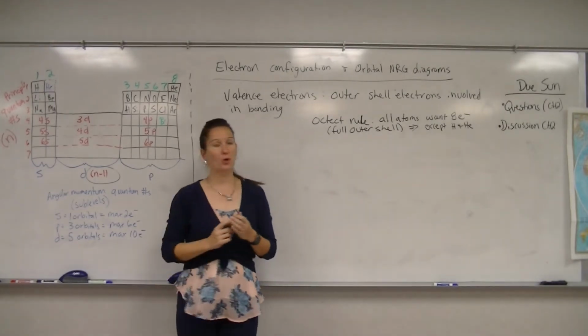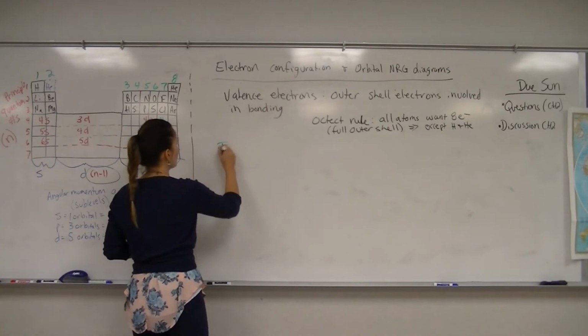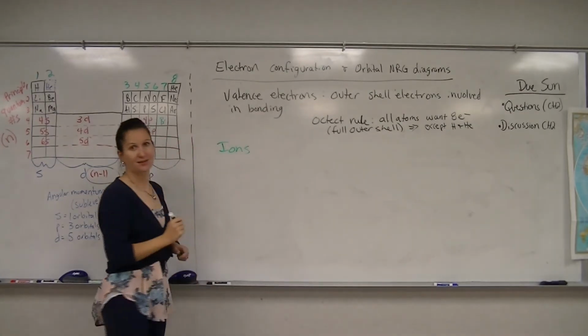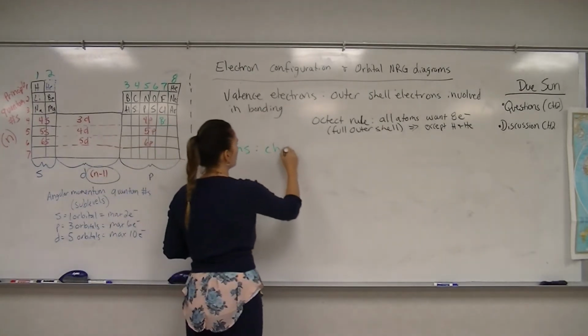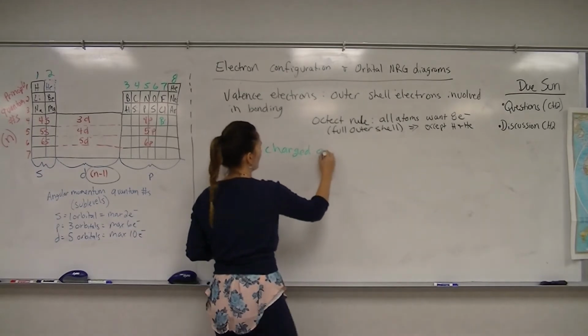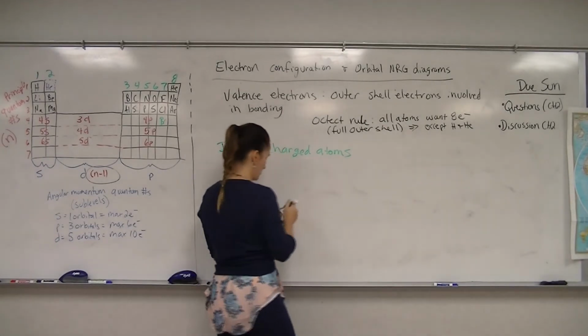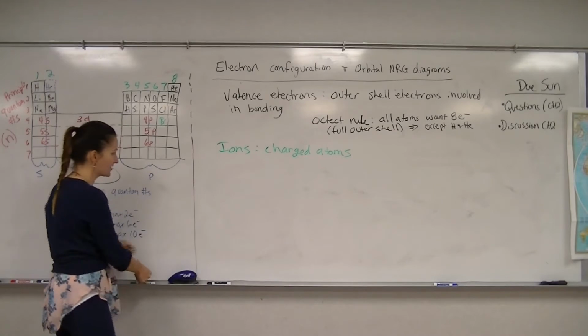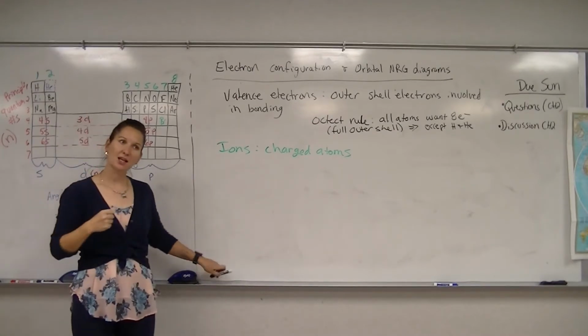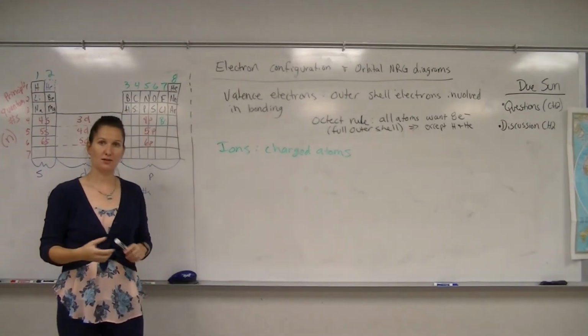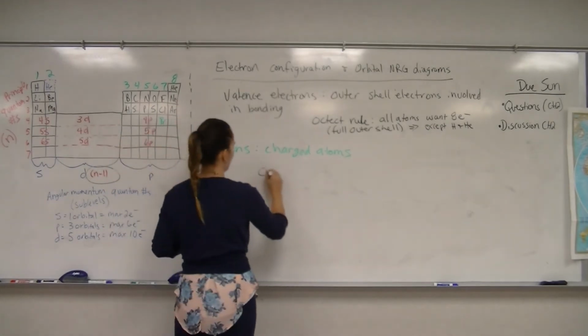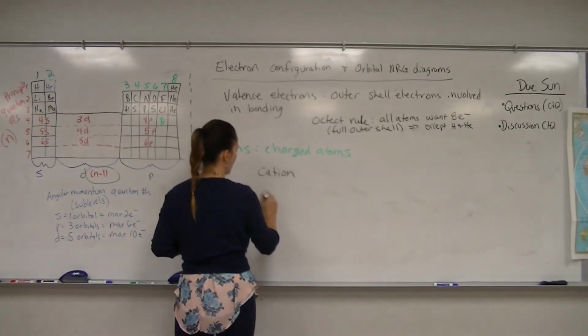When that happens, bromine's no longer going to be neutral. So now what we're looking at are ions. And ions are charged atoms. They're charged because they are either taking electrons or losing electrons. So there are 2 different types of ions we're going to look at: a cation and an anion.